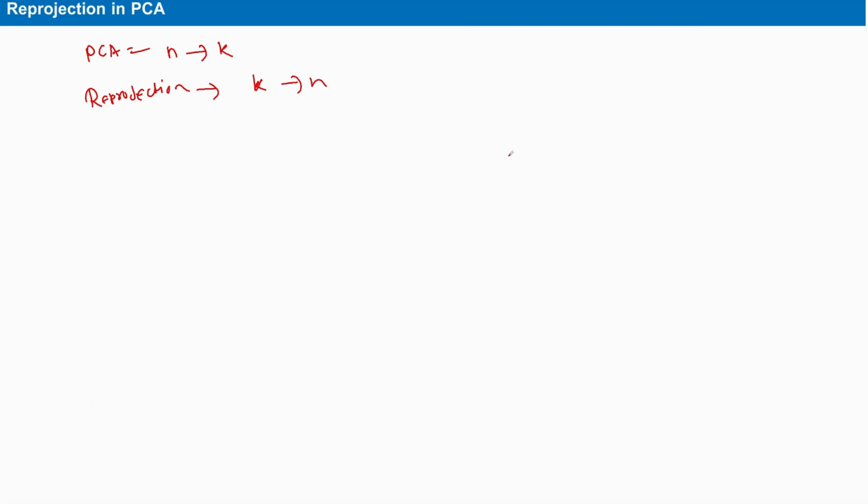It looks like this: u1, u2, up to uk, the k directional vectors, and the dimension of this matrix is n by k.